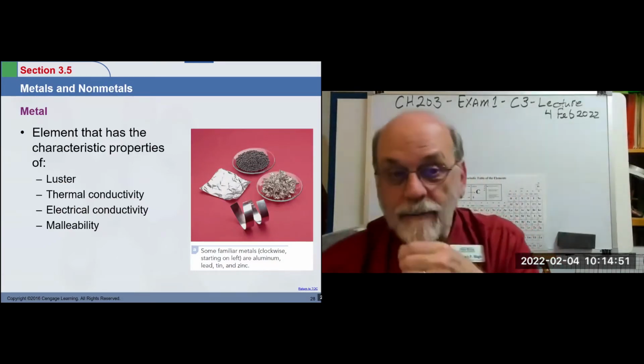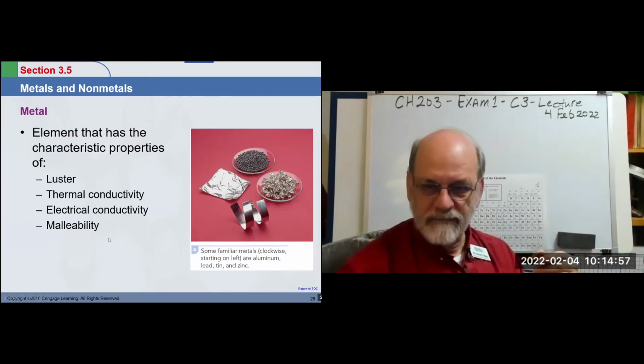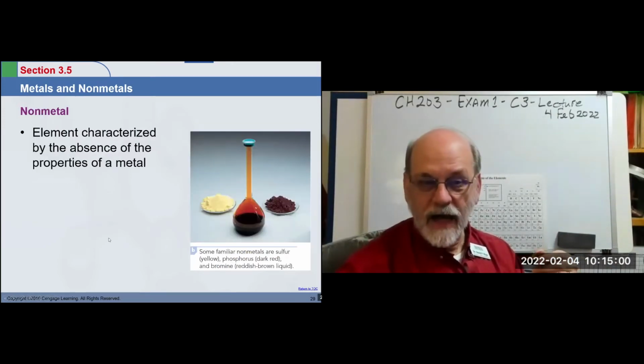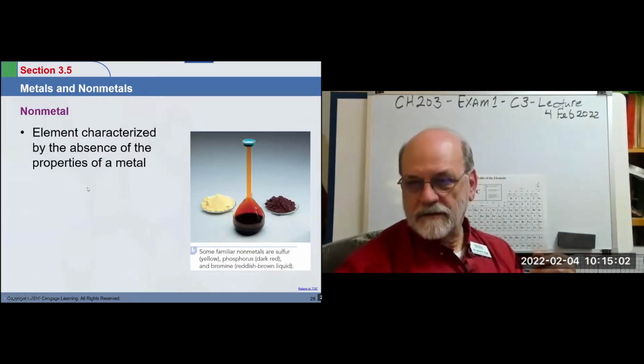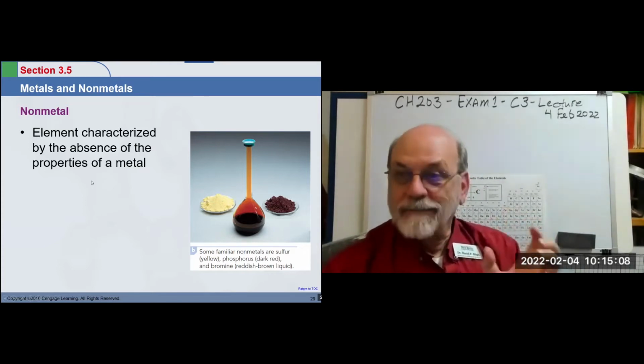Okay. So I mentioned characteristics of metals: luster, conductivity, malleability. Those are metals. Nonmetals. What this statement actually says is the characteristic of nonmetals is they're not metals.